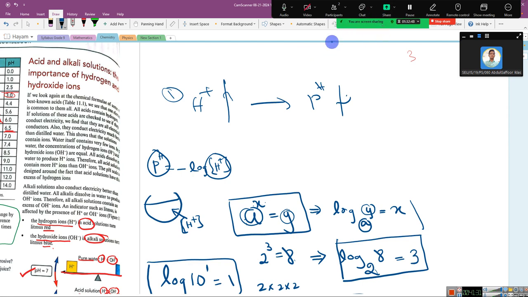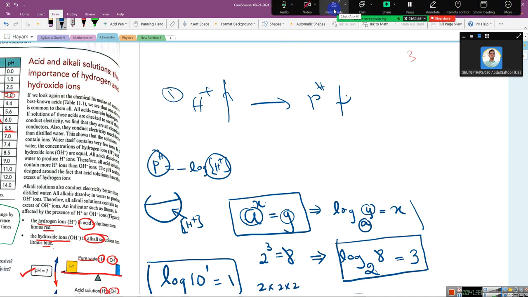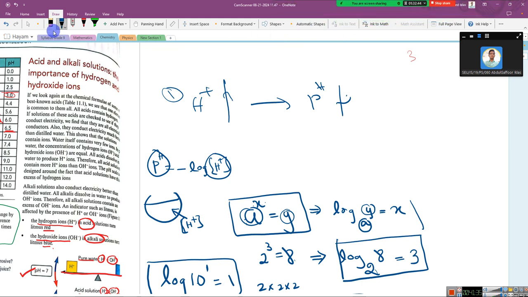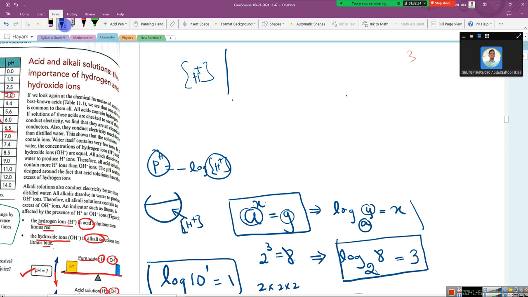Okay, so what we have already studied is, if H plus concentration in a solution increases, what will happen to the pH? It will decrease, right? pH will decrease.